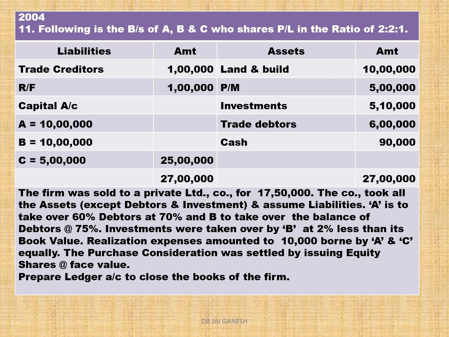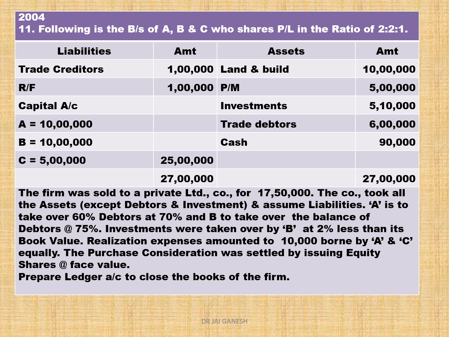The firm was sold to a private limited company for 17,50,000. The company took all the assets except debtor and investment and assumed liabilities. A is to take over 60% debtors at 70% and B to take over the balance of debtor at 75%.